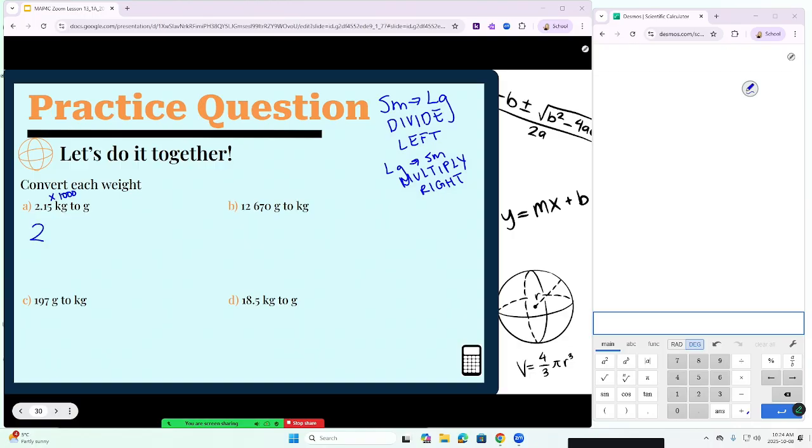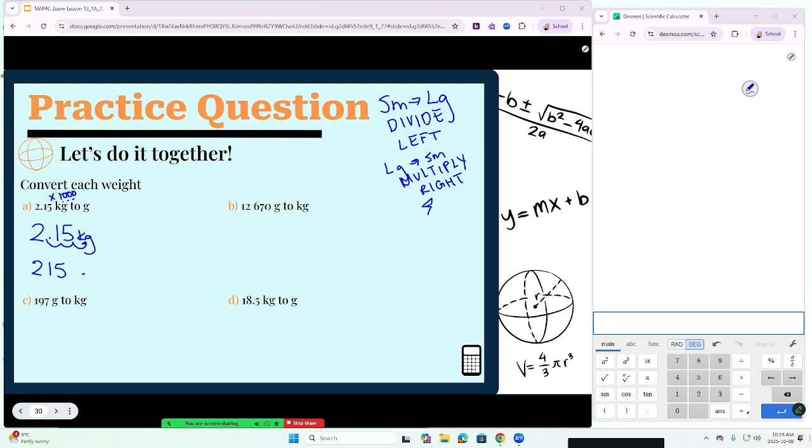Here I have 2.15 kilograms. When I'm multiplying, I can move my decimal to the right. And there are 3 zeros in 1,000, so I'm going to move 1, 2, 3 spots, meaning that I have 2, 1, 5, and then a decimal over here. Remember, I can't just have a floating decimal. I can't just push that decimal to be 215.